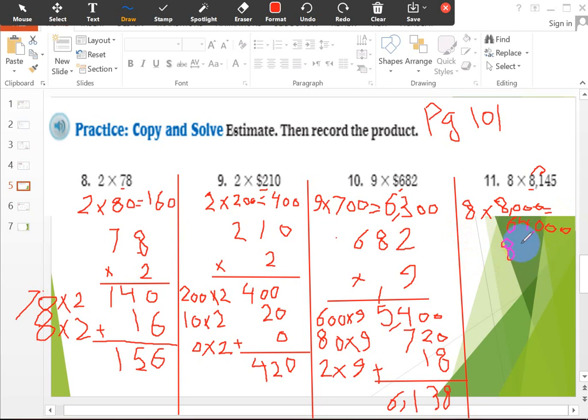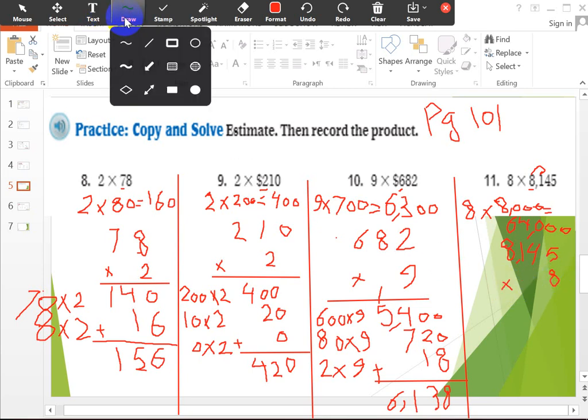Okay, 8,145, and multiply it by 8. Okay, let's start the multiplication.